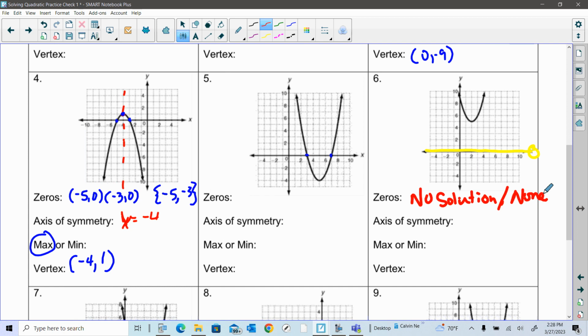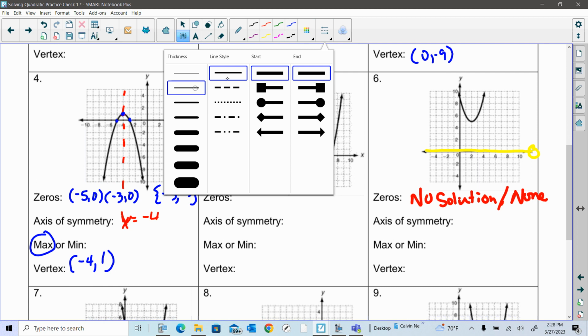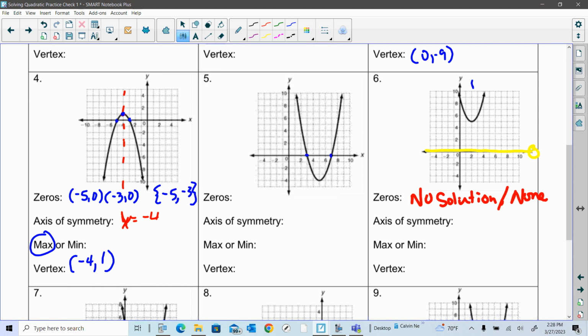We can still have an axis of symmetry because the parabola can still split in half right here, at x equals 2. It would have a minimum, and that vertex is at (2, 5).